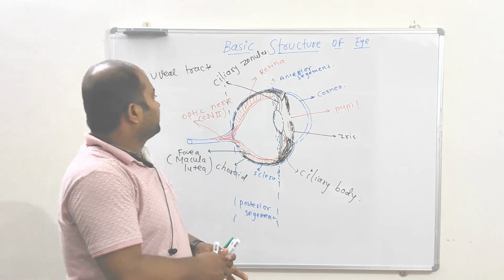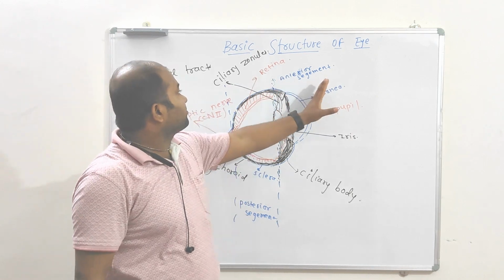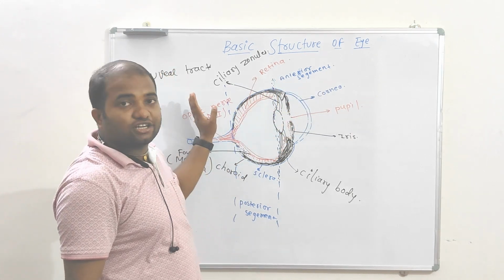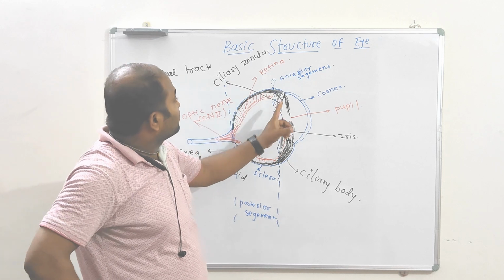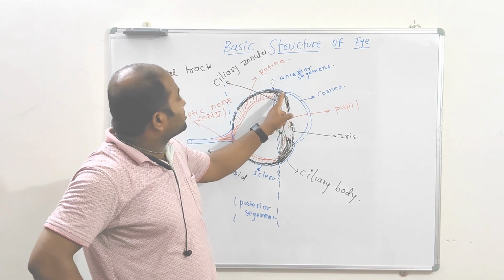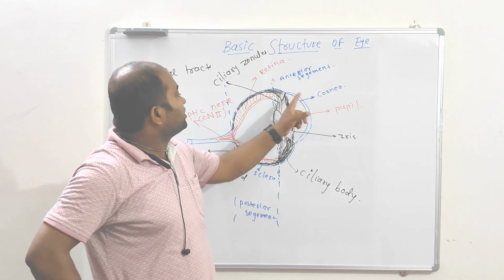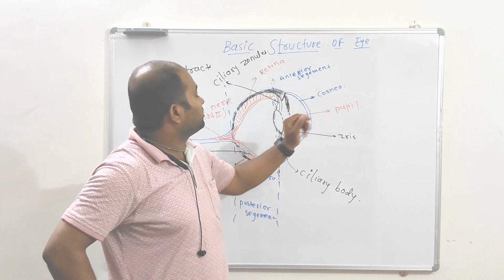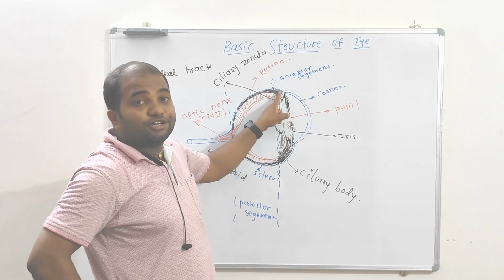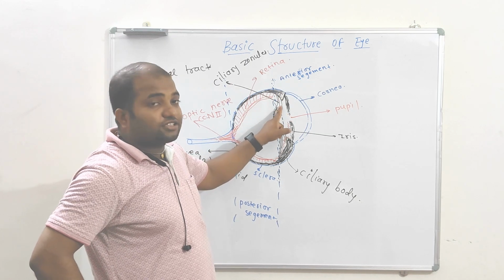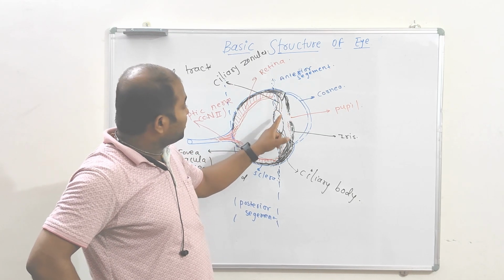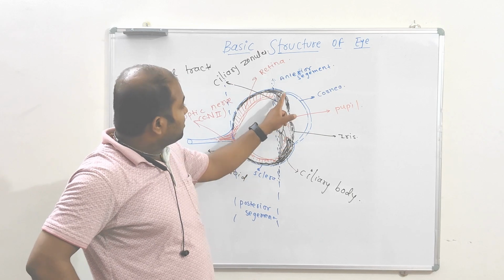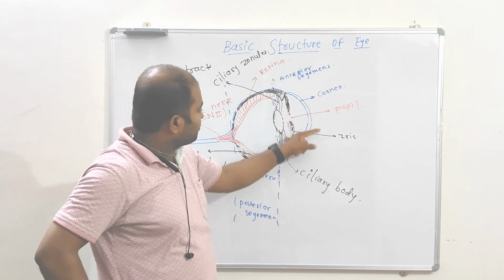So let me briefly list the structures present in the anterior segment and in the posterior segment. In the anterior segment, going from posterior to anterior, first is the ciliary body, ciliary zonules, that is the suspensory ligament, lens, iris and cornea.